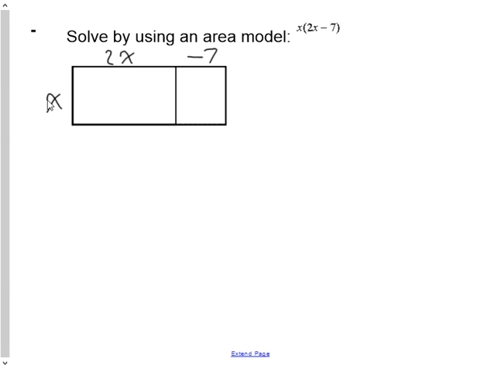And what we're really going to use is we're going to calculate the area of this rectangle, we're going to calculate the area of this rectangle, and together they will be the area of the entire green rectangle, or purple rectangle, which will be the product of x and 2x minus 7. So x times 2x is going to be 2x squared. That's the area that's in this smaller rectangle. And x times negative 7 is negative 7x. So therefore the solution will be 2x squared minus 7x.